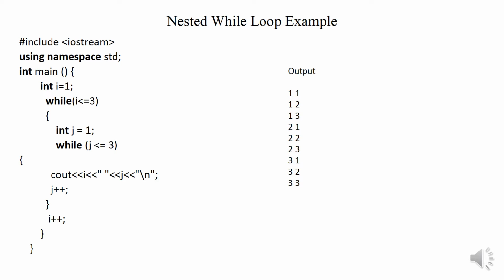So here we initialize the first variable before defining the first loop, i is equal to 1. So i will be executed up to less than or equal to 3. j is equal to 1, j is less than or equal to 3. So that will print 1 1 up to 3 3.